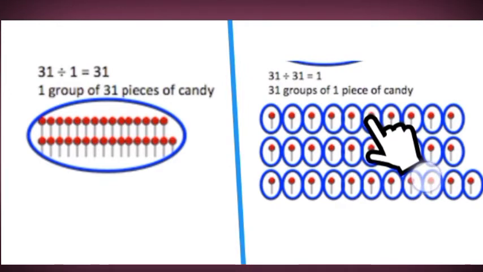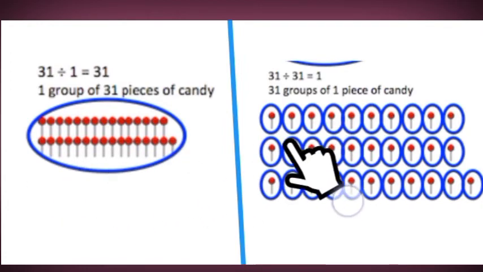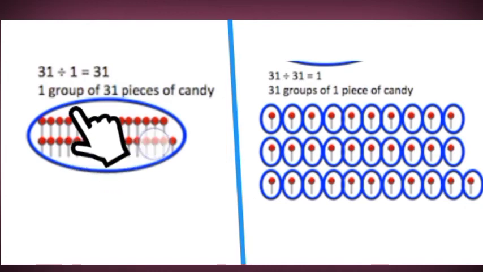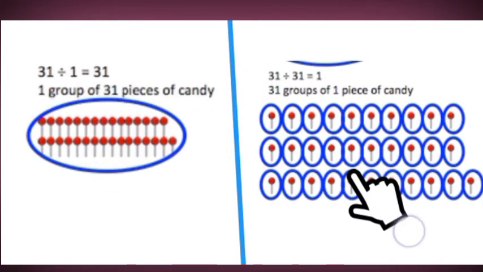We can't group it into two groups, or three groups, or four groups, or any number of groups. We can't make it equally without remaining. That is important. So here we can make only two groupings. It may be one group, or that number 31 groups we can make.